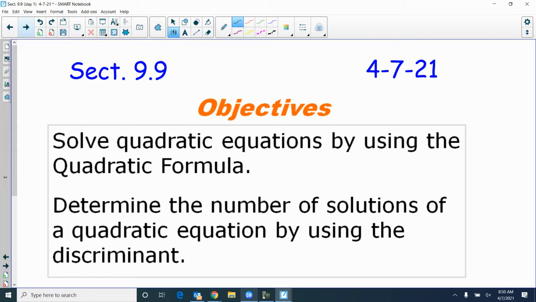So let me give you some guided notes here. Where are they? Exactly. Yeah, it is quadratic formula.